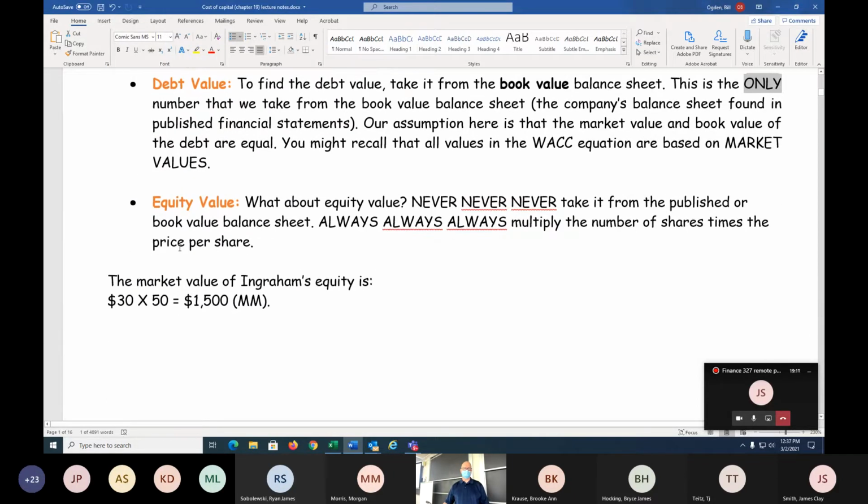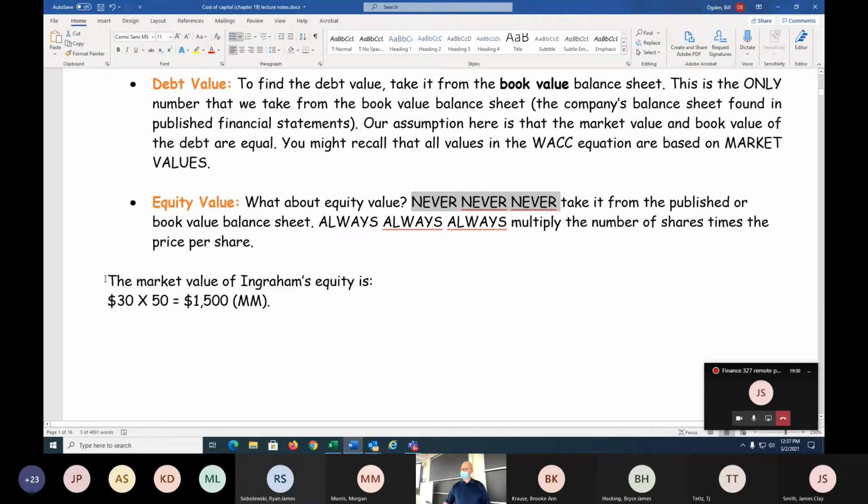Okay, the equity value. Is that enough of those? Never take it from the published or book value balance sheet. Never, never, never. Always multiply the number of shares times the price per share.